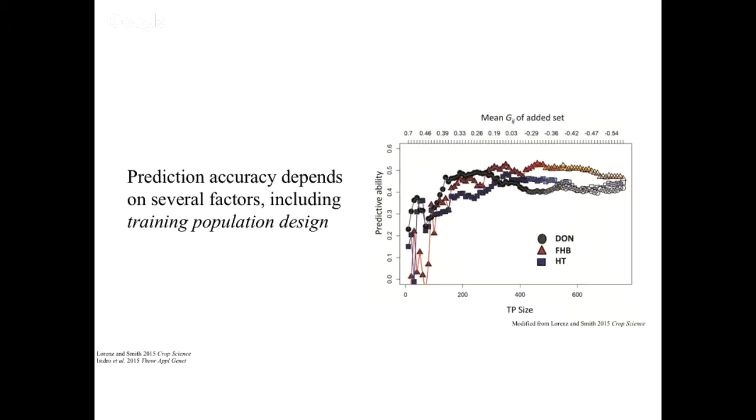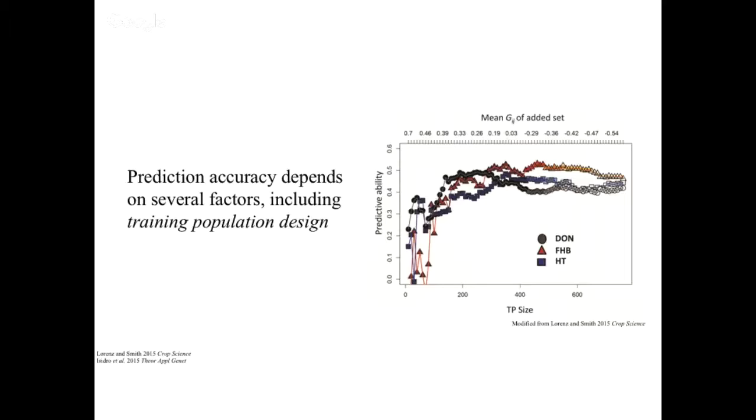On the x-axis is the size of the training population, on the y-axis is the prediction accuracy, and over time they're building a training population using individuals that are less and less related to the selection candidates. What they see is that with an increasing training population, prediction accuracy increases, but at a point, it starts to decrease as individuals are added that are less related to the selection candidates.